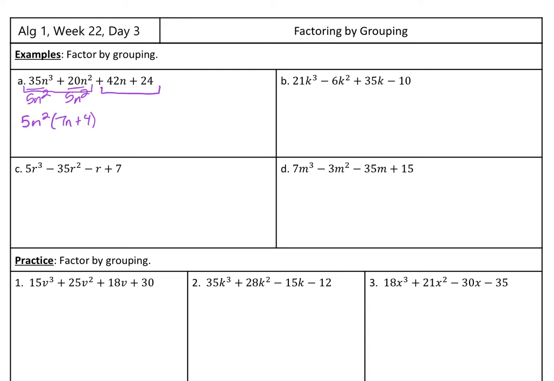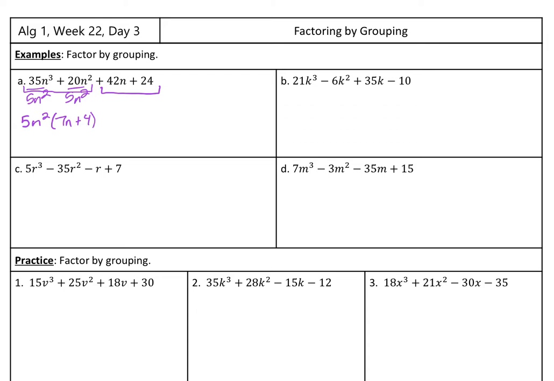We're going to kind of start over in some ways and do this again, but with the second set of terms. So 42n and 24, they don't have an n in common because 24 doesn't have an n, but they are both even, so 2 goes in. Does something higher than 2 go in? Yes, 6. 42 is 6 times 7, 24 is 6 times 4.